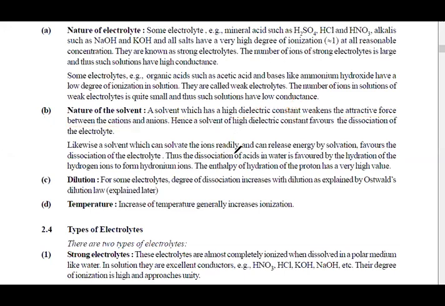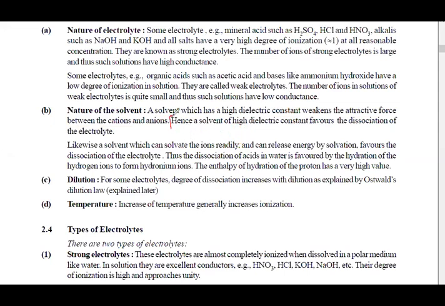So you can just remember it like this: like dissolves like. A polar solvent will dissolve polar substances more, and a non-polar solvent will dissolve non-polar substances more.